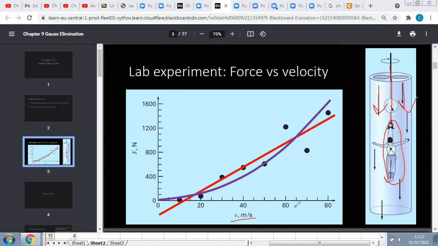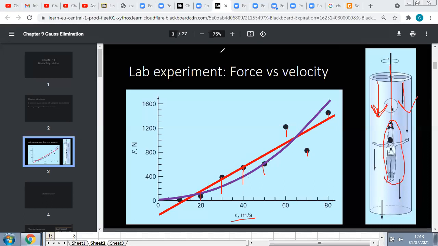As expected, the higher the velocity of the air blowing from the fan, the higher the force acting on the occupant by the airflow. So, for example, if we conducted experiments with velocities of 10, 20, 30, 40, 50, 60, up to 80 meters per second, for each 10 meters per second we are considering a point: 0, 10, 20, 30, 40, 50, 60, 70, 80.